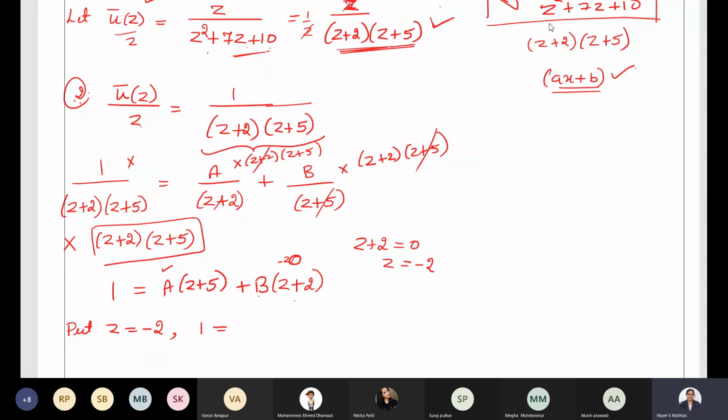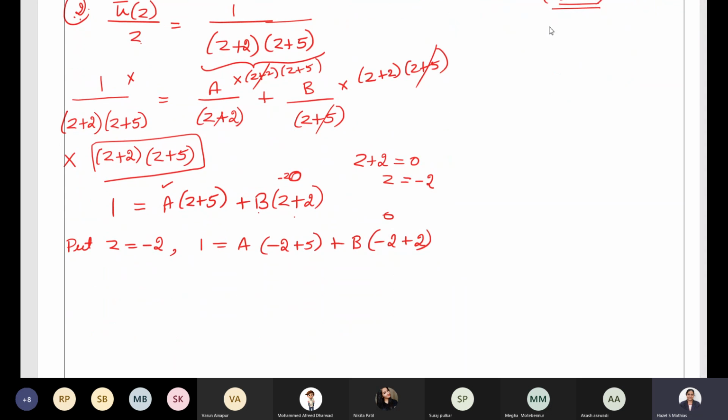Here it will be 1 is equal to A into minus 2 plus 5 plus B into minus 2 plus 2. So this term will be 0. What do we get next? A into minus 2 plus 5 is 3. So the value of A is 1 divided by 3.